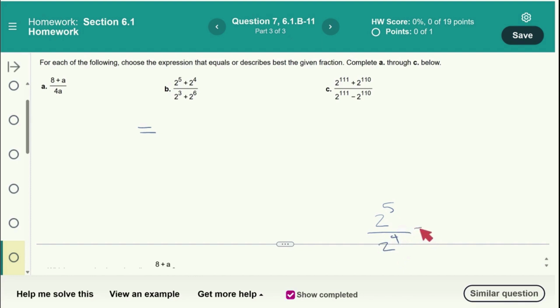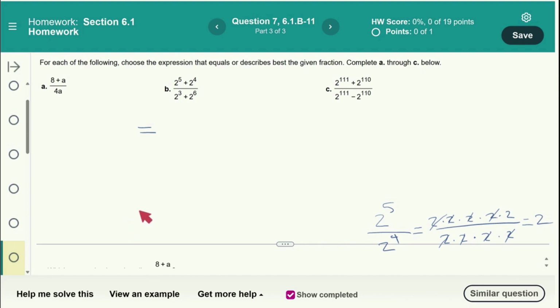That's simple because you know 2 to the 5 is 2 times 2 times 2 times 2 times 2, and 2 to the 4 is 2 times 2 times 2 times 2. Notice 4 of those factors on the top will cancel 4 on the bottom, and you're left with 1 more on the top. So we say 2 to the 4 goes into 2 to the 5 2 times, right?